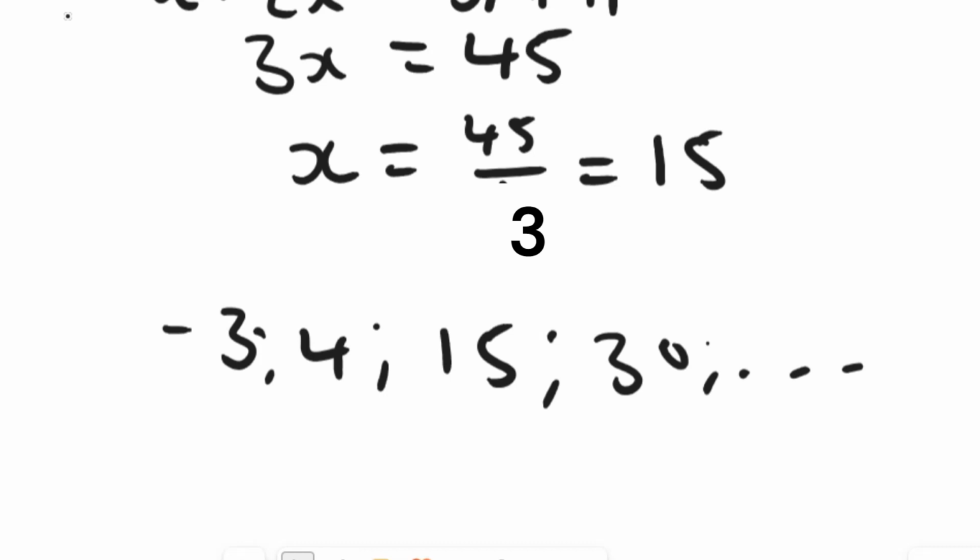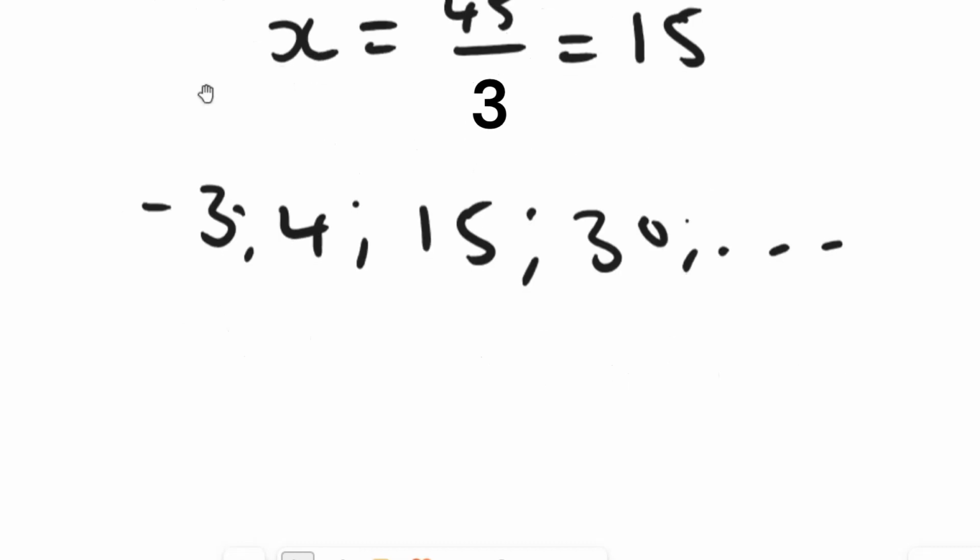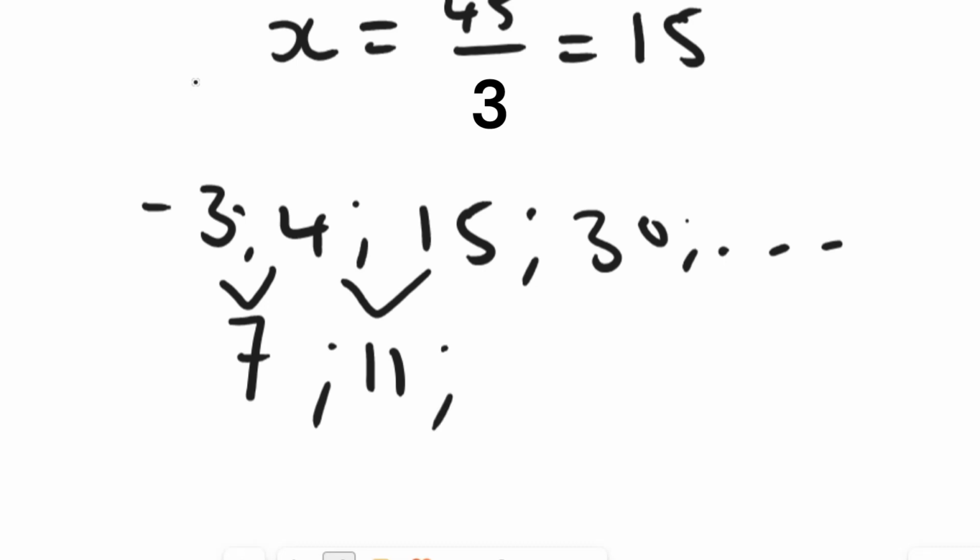Now we just want to test if 15 is the best candidate for this position of x. Now 4 minus minus 3, that is 7, we saw. This one is 7, this one is 15 minus 4, which is 11, and then 30 minus 15 is just 15, and so on. This is our second difference. It forms a linear pattern, an arithmetic pattern.